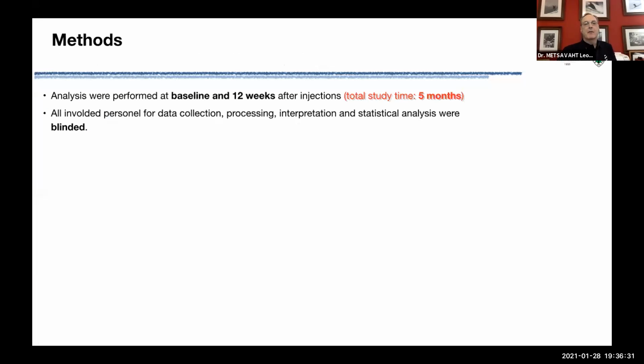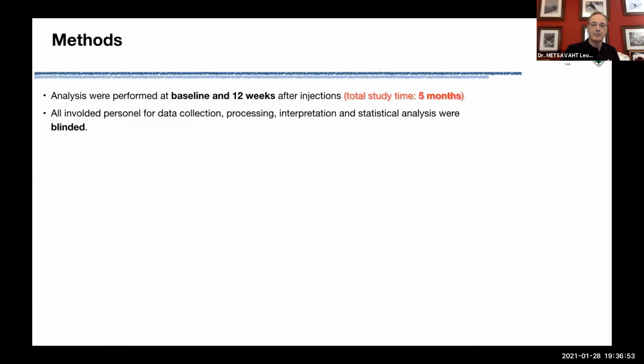So the analysis we performed was at baseline before injection and 12 weeks after. All the study took 5 months. So in 5 months, we were able to do all the baseline analysis and the 12-week analysis. Everybody was blinded.